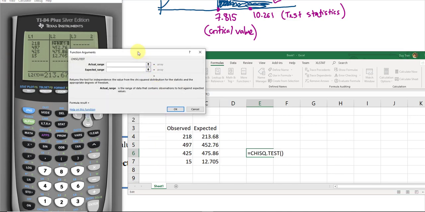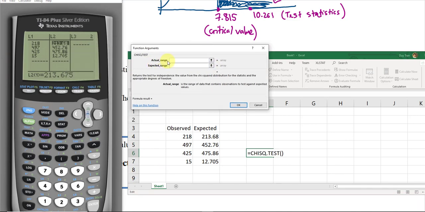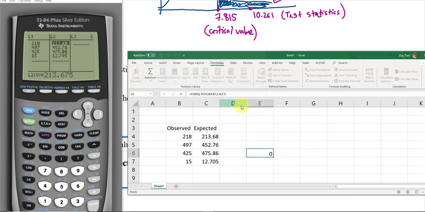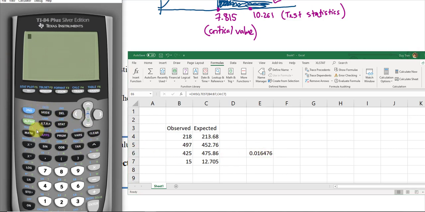Click on this function. The actual range is your observed values, so drag the whole data list, and your expected range is your expected frequencies. Drag the whole thing here, press OK, and this will return the p-value. Let's compare with what we got earlier.